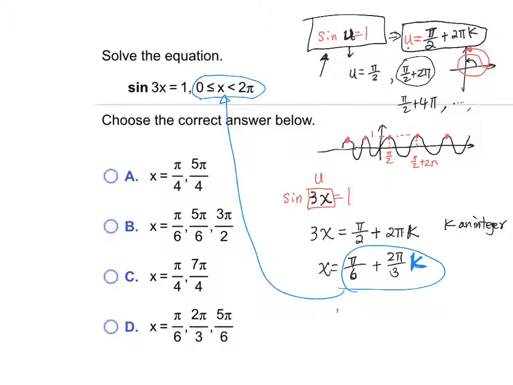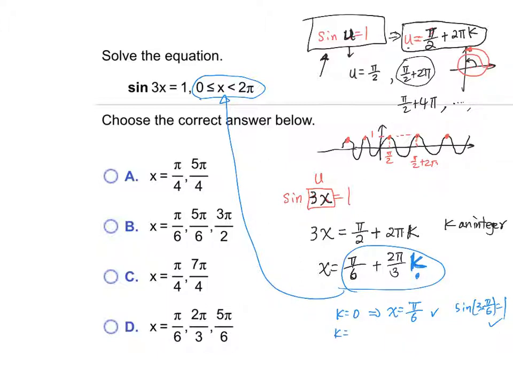You can try when k is equal to 0. Plug in 0 right here, x is pi over 6, right? So this is one solution. You can check your solution by trying sine of 3 times pi over 6, which is sine of pi over 2, which is just 1. Yes, it is correct.